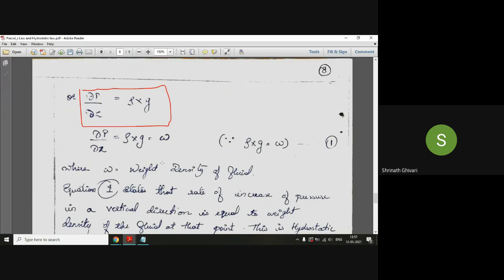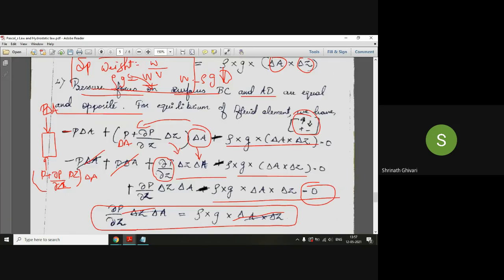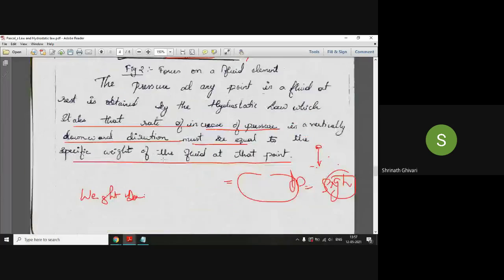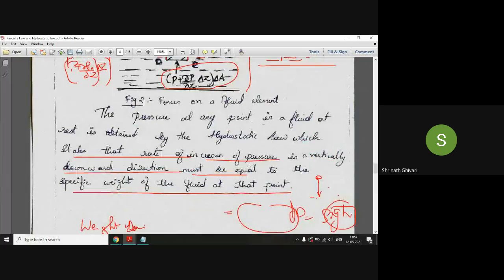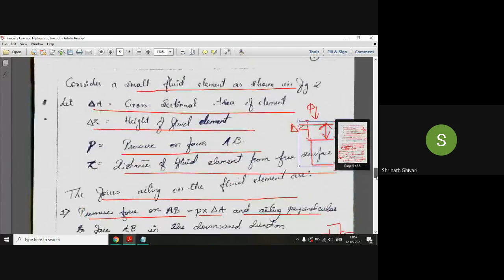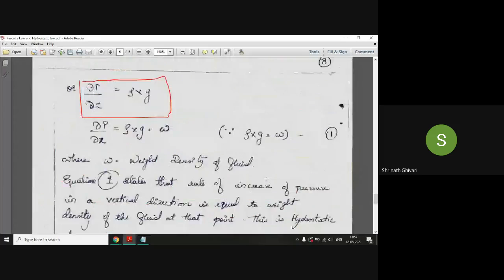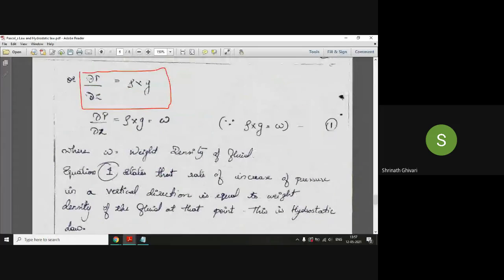So what was the statement of the hydrostatic law? The rate of increase of pressure in a vertical downward direction must be equal to the specific weight of the fluid at that point.